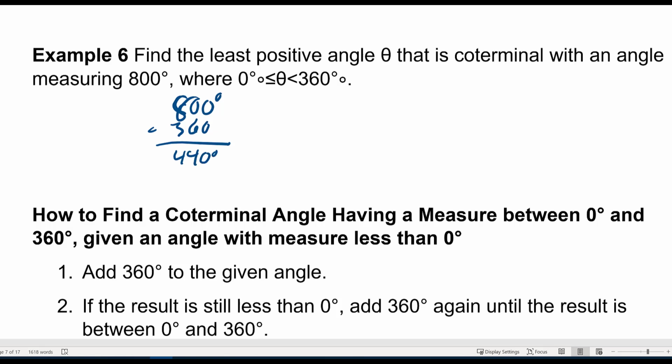That's still bigger than 360, so we need to go again. We subtract 360 again, and it looks like we have 120 degrees. So that would be the coterminal angle.